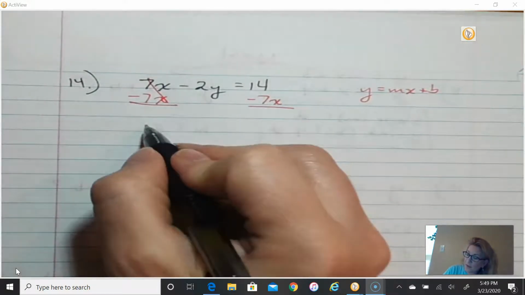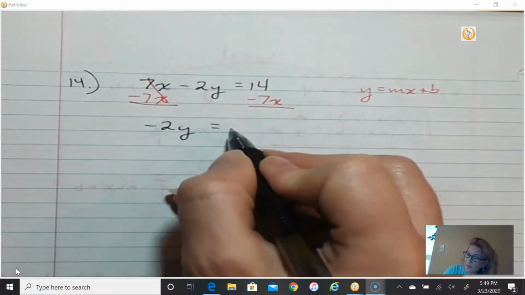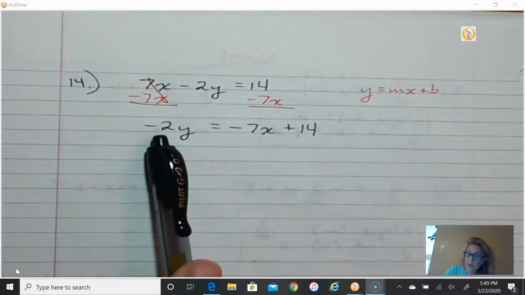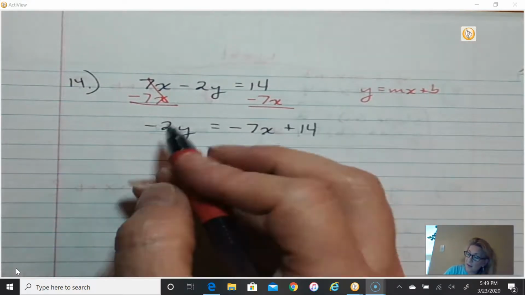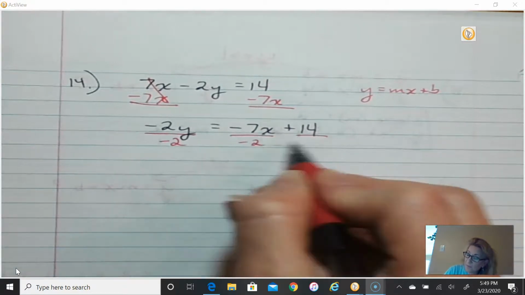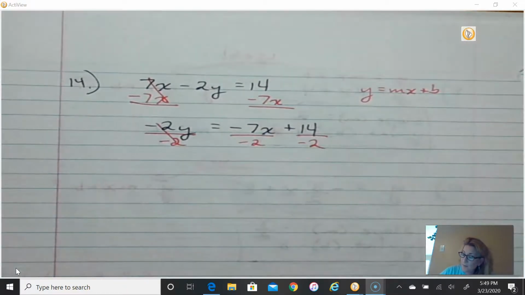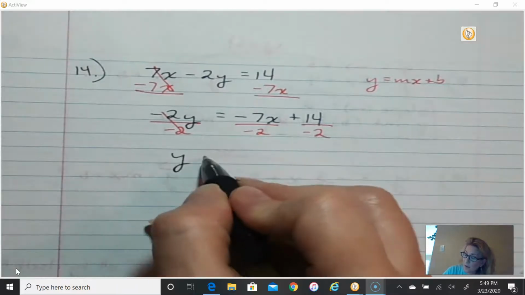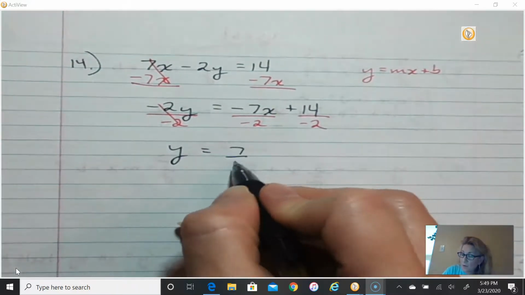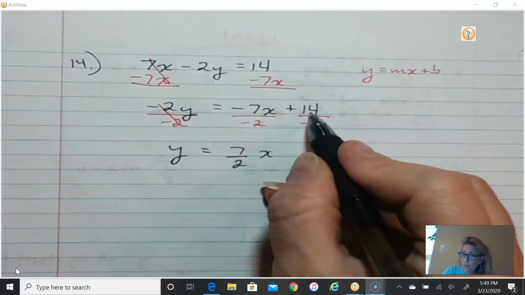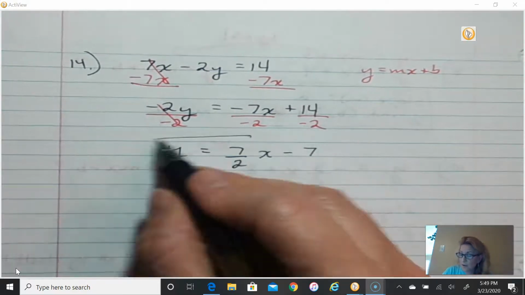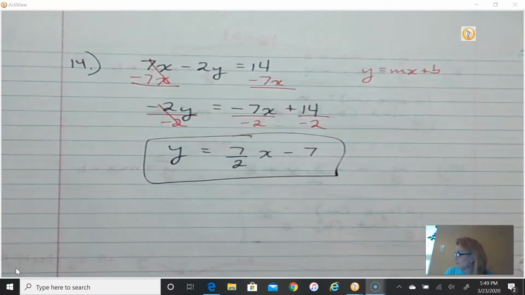And I'm left with -2y equals -7x plus 14. We need to get rid of that -2. Since it's multiplying, we have to divide everything by -2. I'm left with y equals negative and negative, give me positive 7 over 2x. 14 divided by -2 is -7. There's my equation. That's your answer.